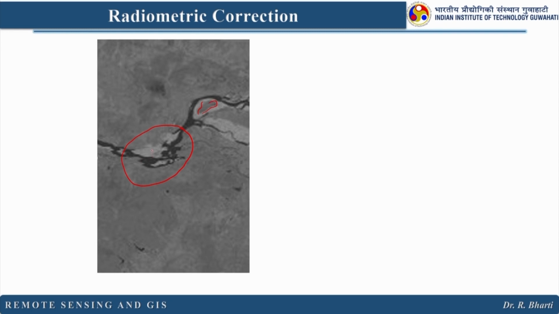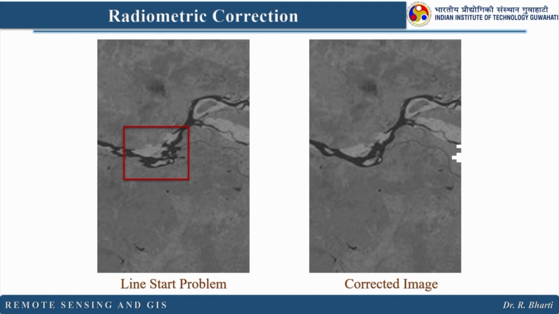But here there is some haziness, which was not supposed to be here, because we are seeing the same image in the other areas where it is not showing any such behavior. So there is some problem. We can just run the horizontal adjustment, and then you can see for yourself how it appears. After the correction, this is one example of before and after correction of line start, right.